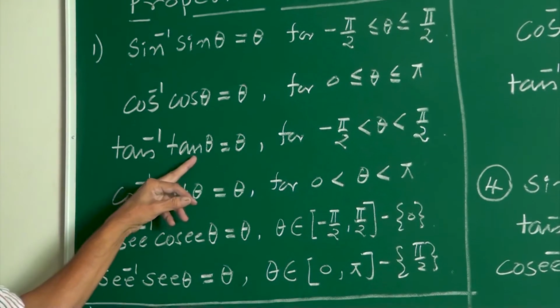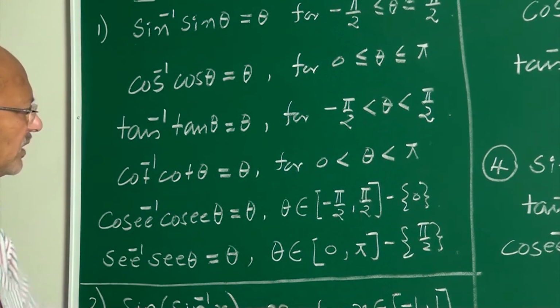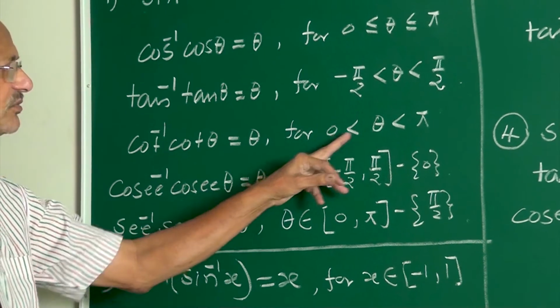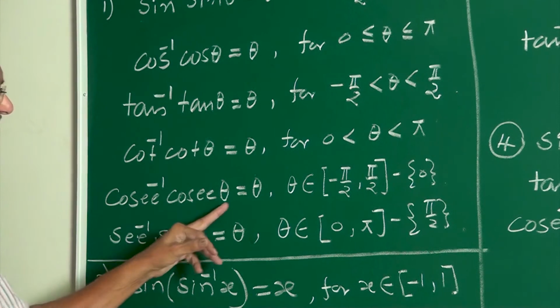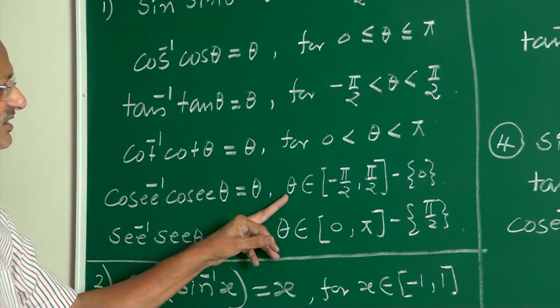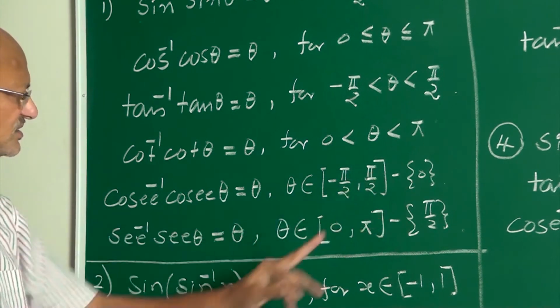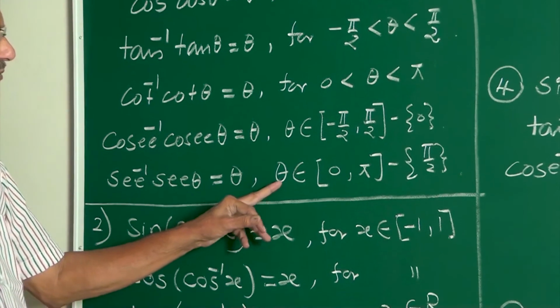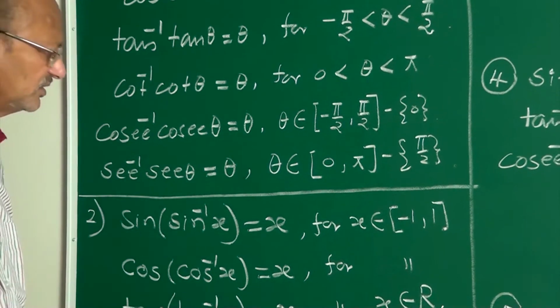Tan inverse of tan theta equals theta, where theta lies between minus pi by 2 to plus pi by 2. Cot inverse of cot theta equals theta, theta lies between 0 to pi. And cosec inverse of cosec theta is theta, for theta belonging to the range of cosec, minus the singleton 0. Sec inverse of sec theta equals theta, for theta belonging to 0 to pi except pi by 2.